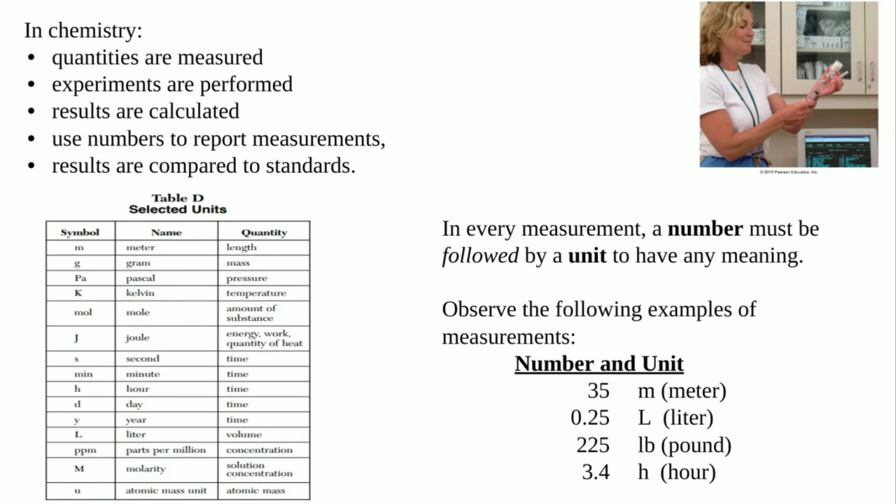All measurements in chemistry must include both a number and a unit. So here we have a couple measurements that you could observe, like 35 meters or 0.25 liters. But you always have to have a number and a unit in a measurement.